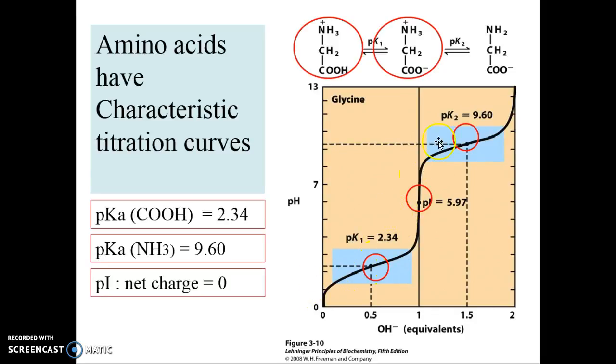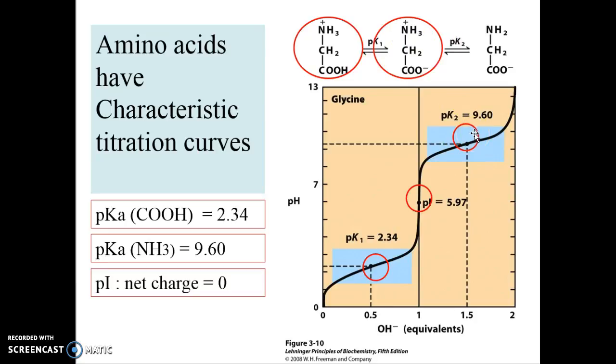This titration curve can be obtained by adding alkali to the amino acid, indicating two pK values corresponding to the carboxyl group, and secondly the amino group, respectively.